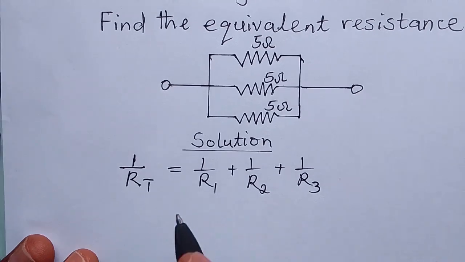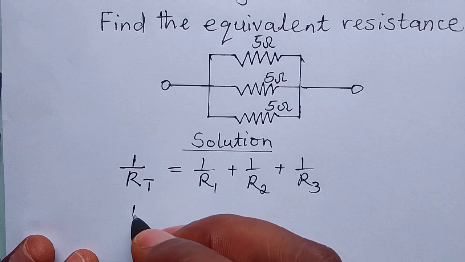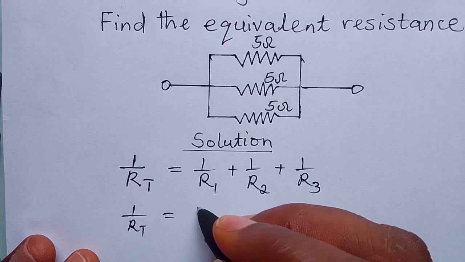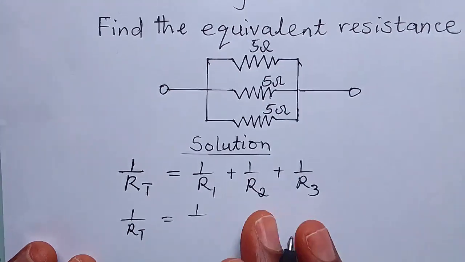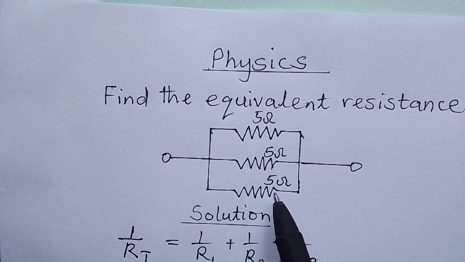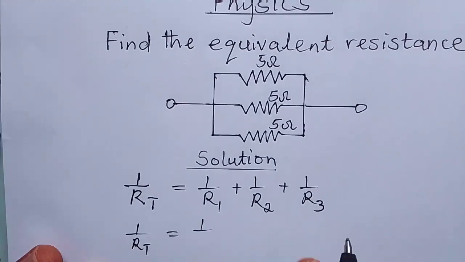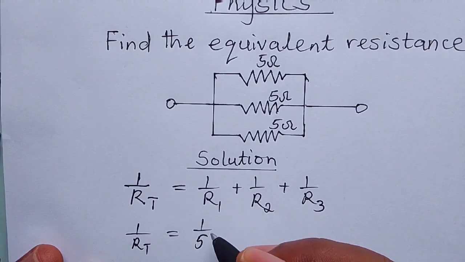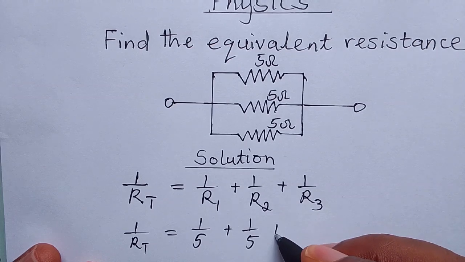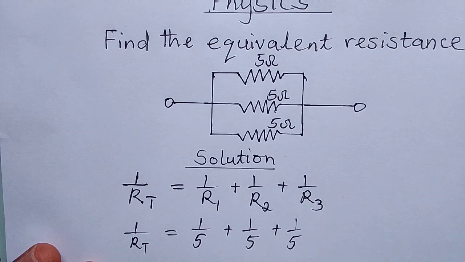Let's make our substitution. 1 over R_T is equal to 1 over my R1 is 5, R2 is 5, R3 is also 5. So I have 1 over 5 plus 1 over 5 plus 1 over 5.